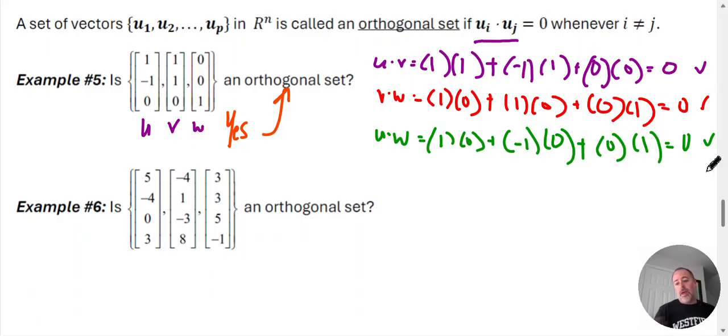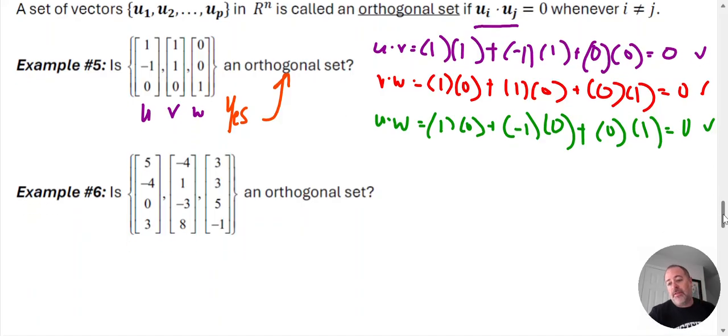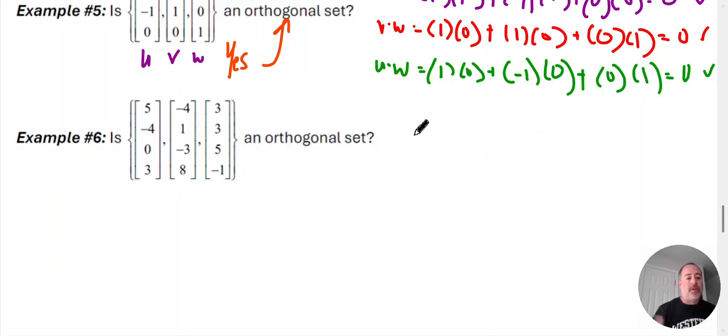Okay, so you guys can probably try example number 6 without the help, but we just have to do it again, so let's do it. Are these an orthogonal set? We'll do this again, where we test the three pairs. So U dot product V. Just to save a little bit of time here, guys: 5 times -4 is -20.